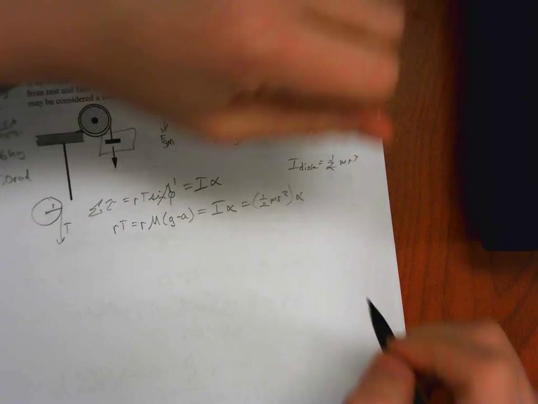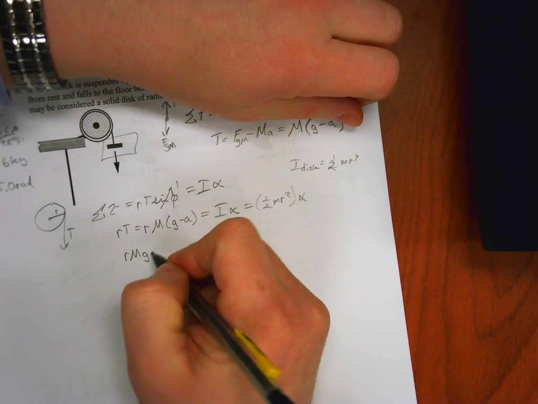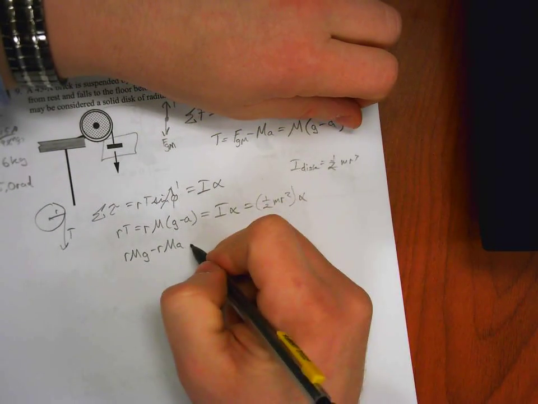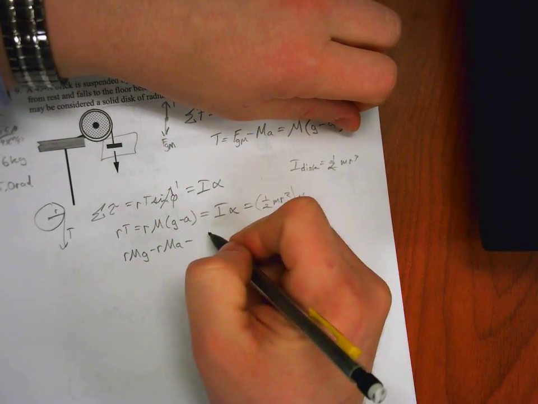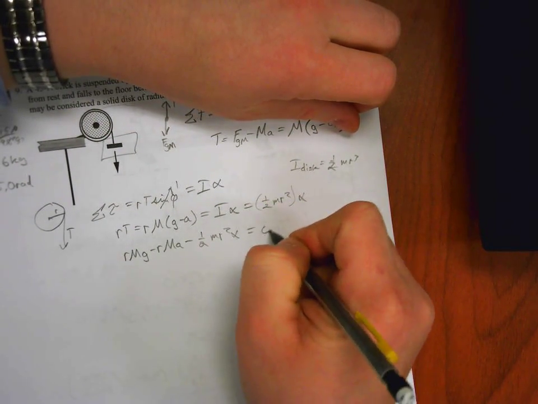All right, so let's bring everything to one side and expand all the terms. rMg minus r capital Ma, these are capital M's, minus, and I'm bringing this over, 1/2 mr squared alpha equals 0.